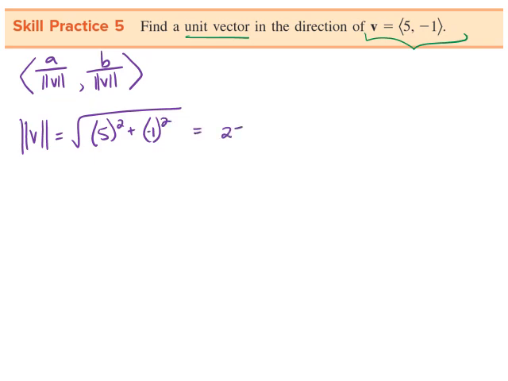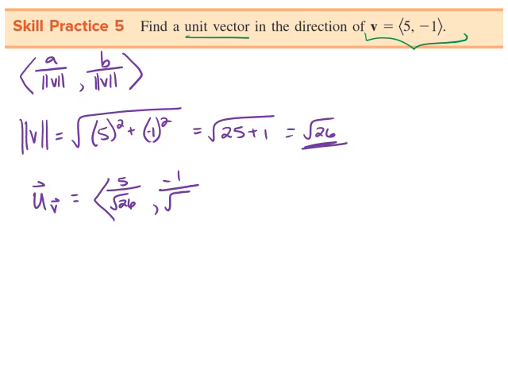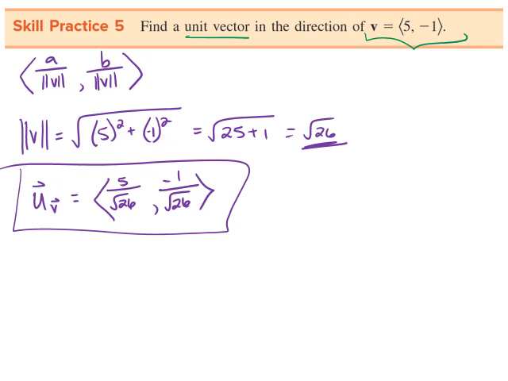This gives me 25 plus 1, which is the square root of 26. Okay, so then the unit vector v is equal to A, which is 5, over root 26, and B, which is negative 1 over root 26. You can go ahead and rationalize the denominator if you want, or leave it as is.